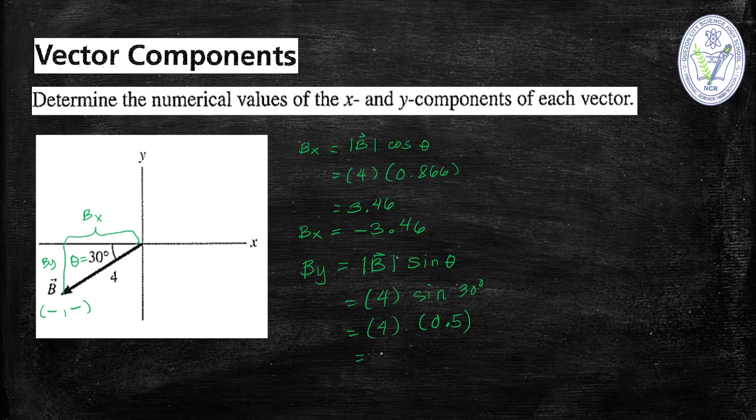So that will just give us 2. And as we have seen, again, it's on the third quadrant. So by is negative 2. So in this problem, the components of b would be bx is negative 3.46 and by is negative 2.